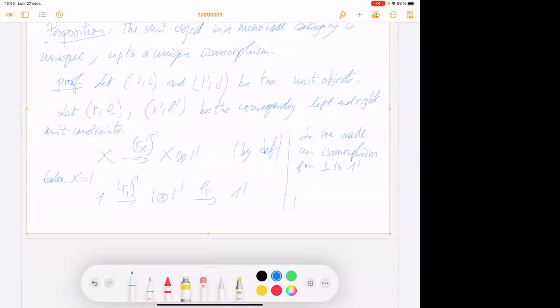And the isomorphism is like that: eta, from 1 to 1 prime, and eta is equal to L1 prime composed with R prime 1 inverse.